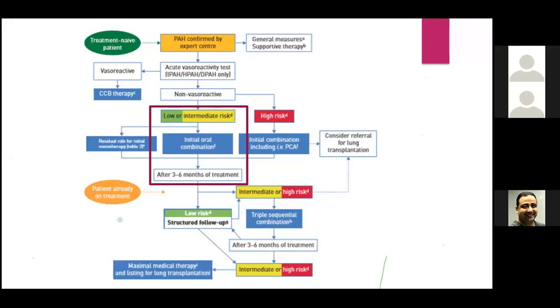And after 3 to 6 months, you should assess your patient. If she goes into the low risk criteria, you will follow her up. And if she has more symptoms and didn't improve, you will go with a triple sequential therapy.